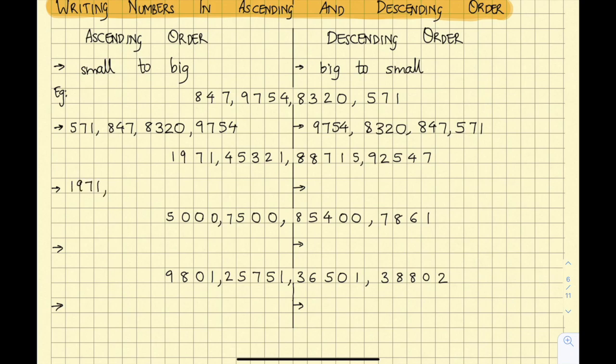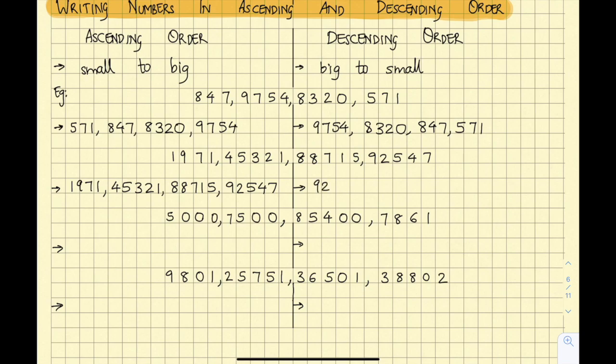After that we have the next number, that is 45,321. Then we have the next bigger number 88,715 and ultimately we have 92,547. And now for descending order we'll write big to small.